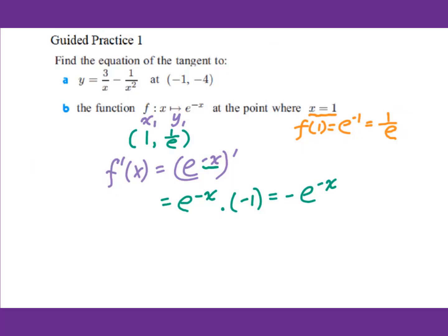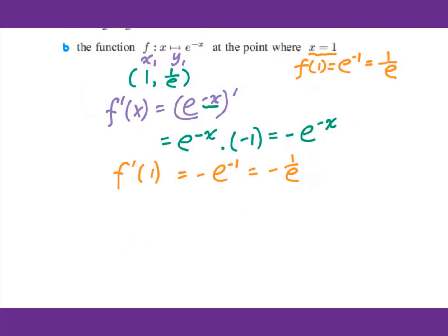Therefore, f prime of 1 equals negative e to the negative first power, which means negative 1 over e. Now we can write down the equation of this tangent line. y minus 1 over e equals negative 1 over e times x minus 1.